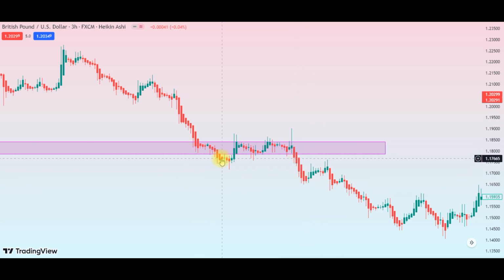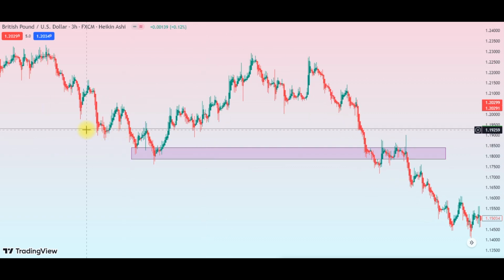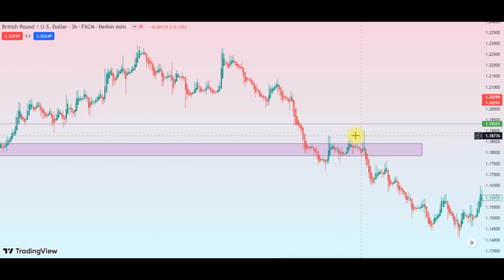But as you see, if you would have entered here already, totally fine if you put your stop loss far enough away. I've drawn in a line here. This is the support and resistance area from this price action here, and I would place my stop loss right above that one to make sure you don't get knocked out by spikes up, which probably would find resistance in this line here.